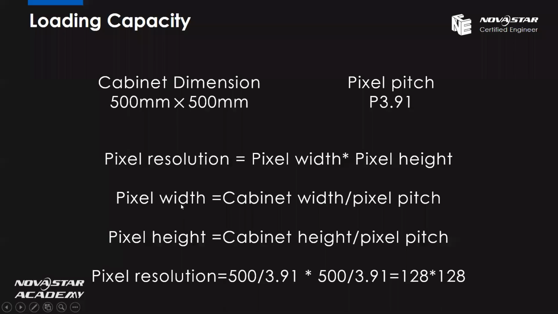The pixel width is equal to the cabinet width divided by the pixel pitch, and the pixel height is equal to the cabinet height divided by the pixel pitch. So we use 500 millimeters divided by 3.91, multiplied by 500 divided by 3.91. After calculating, we get the pixel resolution of 128 by 128.